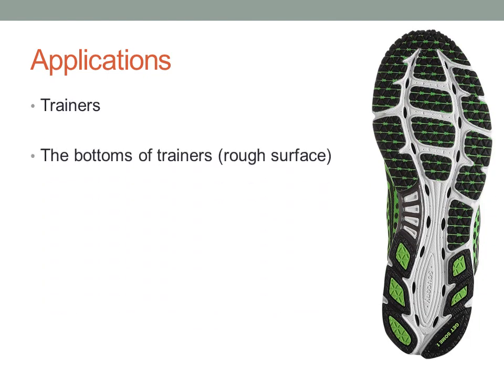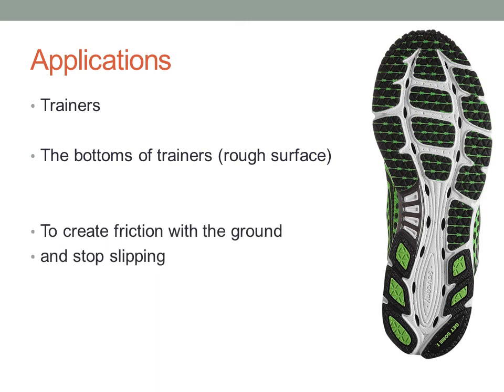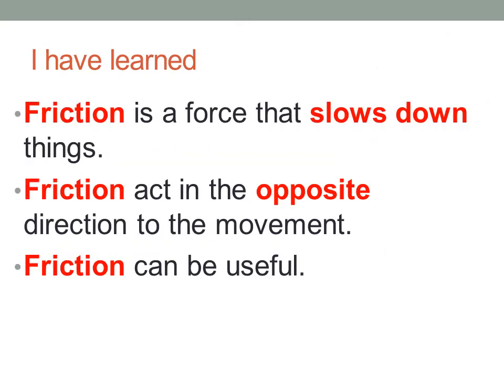The bottoms of the trainers have a rough surface to create friction with the ground and stop slipping. So here the friction is with the ground. Okay, so I need the bottom of the trainers to be a rough surface.